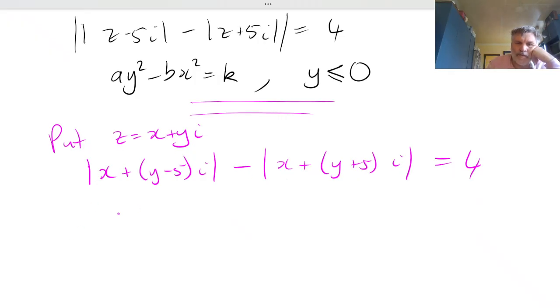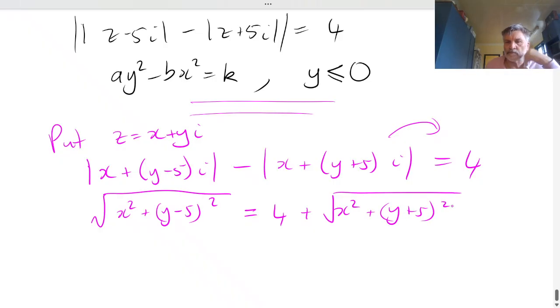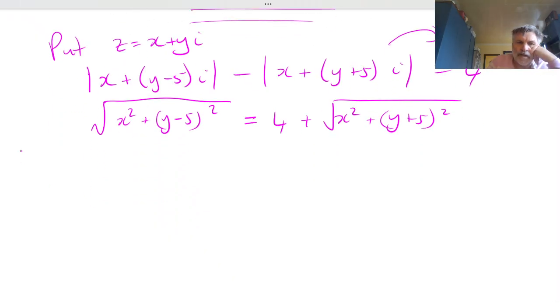These moduli are effectively square roots, so you can write this as the square root of x squared plus y minus 5 all squared, equal to, I'm going to shift this onto the other side at the same time, the square root of x squared plus y plus 5 squared. Then if we square both sides, we lose the square root on the left-hand side.